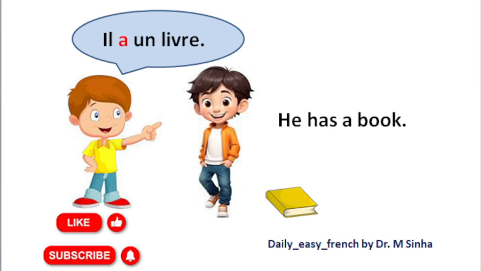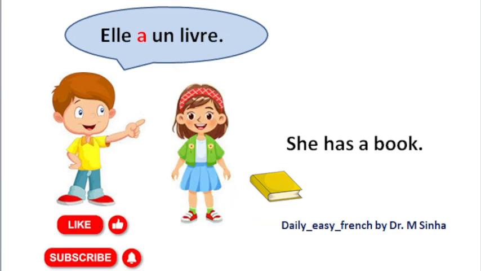Repeat with me. Il a un livre. Very good. If we want to say she has a book, we say elle a un livre. Repeat with me. Elle a un livre. Very good.